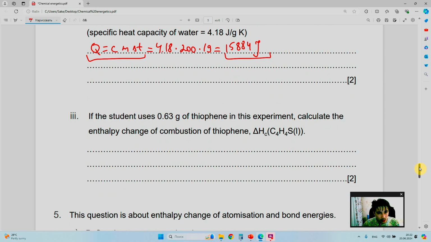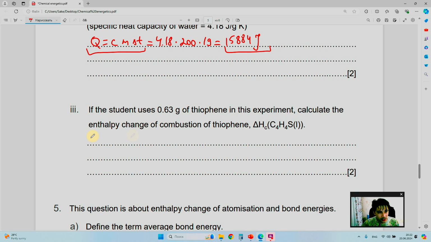Next, you again need to calculate the enthalpy change of combustion for this experiment using the previous formula. So don't forget to transfer it into kilojoules. So I'm already putting this value negative divided by 1000, and we simply divide these by moles of thiophene. So it means we need to find moles of thiophene.